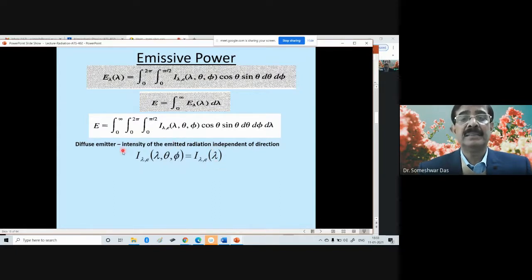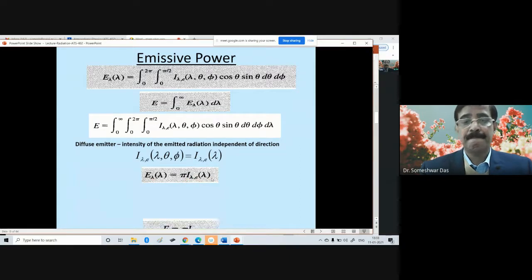This is the diffused radiation, and E lambda is the emissive power. Again, E lambda is equal to pi times I lambda E, and E is equal to pi times IE.